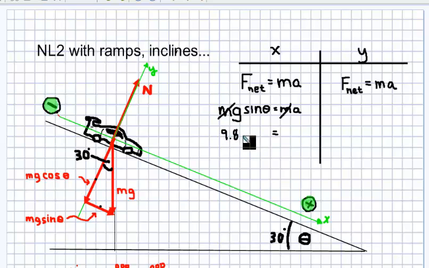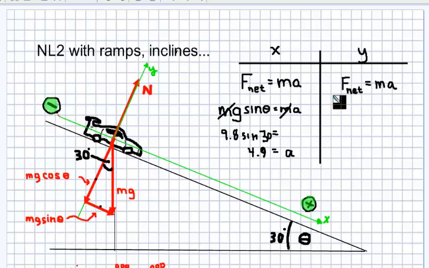Theta, our angle, is 30 degrees, sine of 30. And if you type that into your calculator, you will discover that a is equal to 4.9 meters per second squared. And that's the rate of acceleration down the ramp of the car.